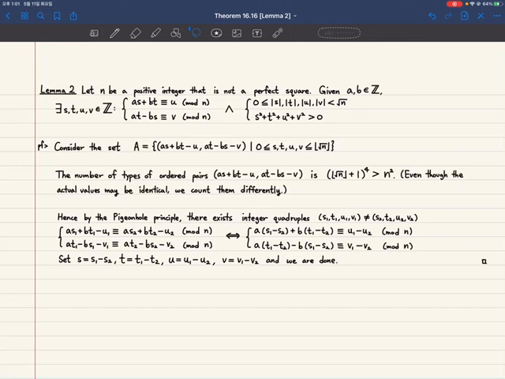So the lemma statement is: let n be a positive integer that is not a perfect square.